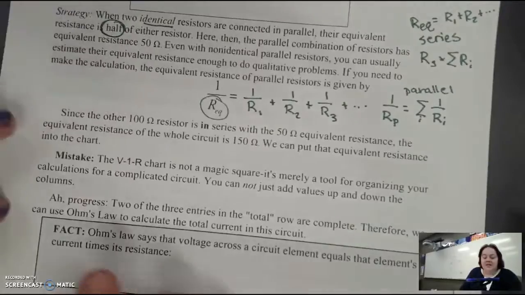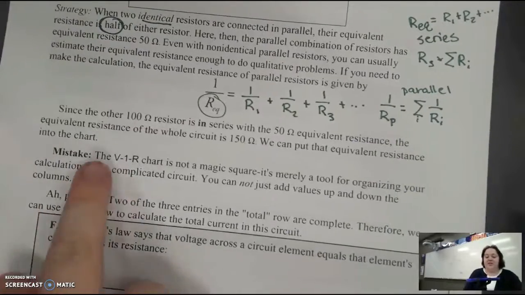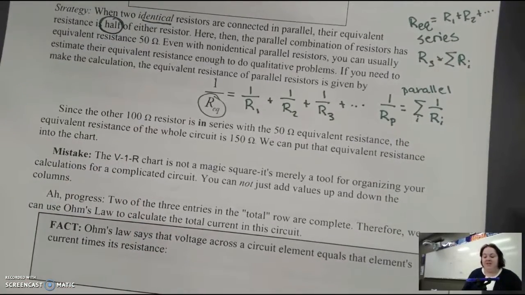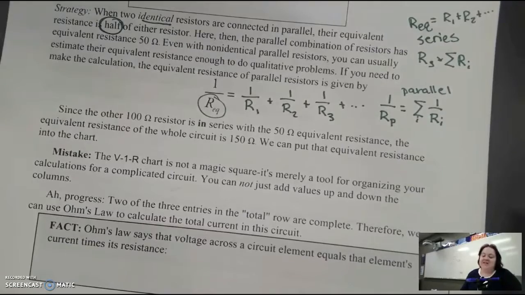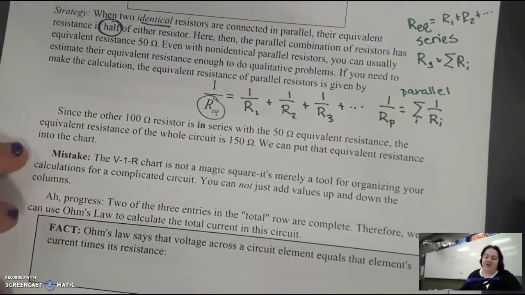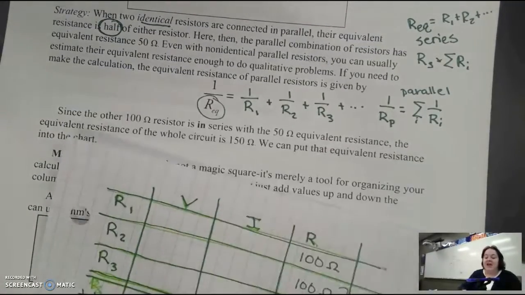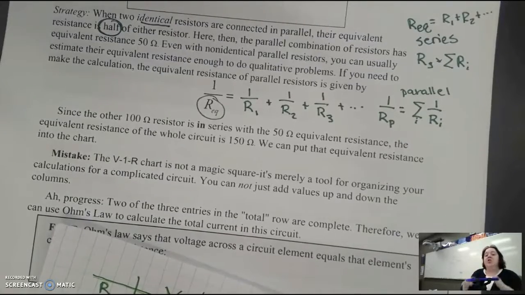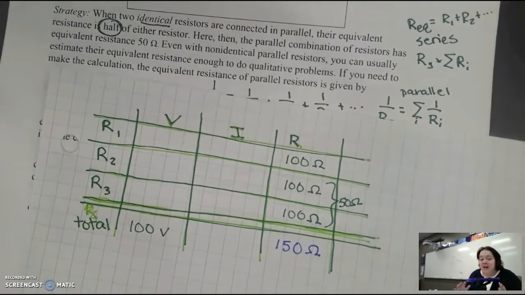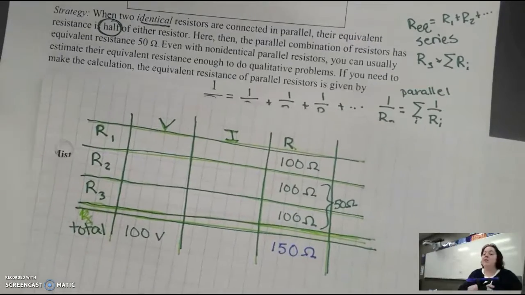Now, this is where people make mistakes. The VIR chart is not a magic square. It's simply a tool for organizing your calculations. You cannot just add up the values in a column. You're going to be tempted to, because sometimes you can, but not always.